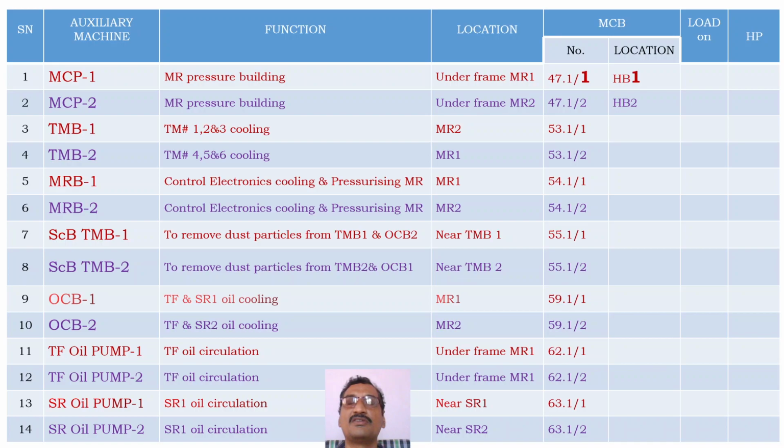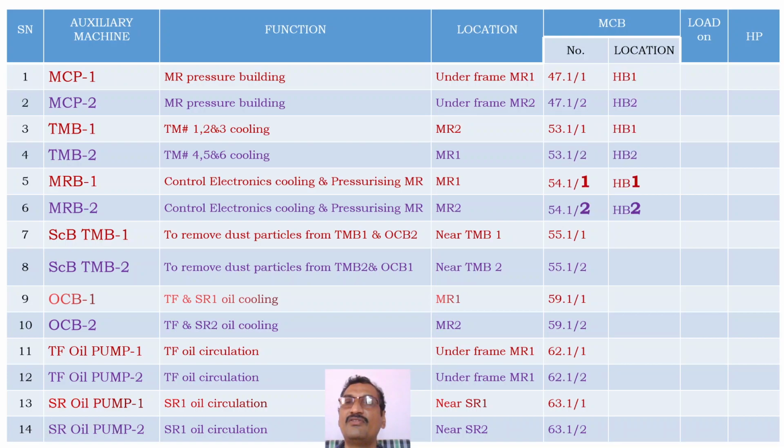Coming to the location of these MCBs, it is very simple. All these auxiliary machines' location is in HB, right? If it belongs to machine 1, HB1. If it belongs to machine 2, HB2. That's it. No other thing.